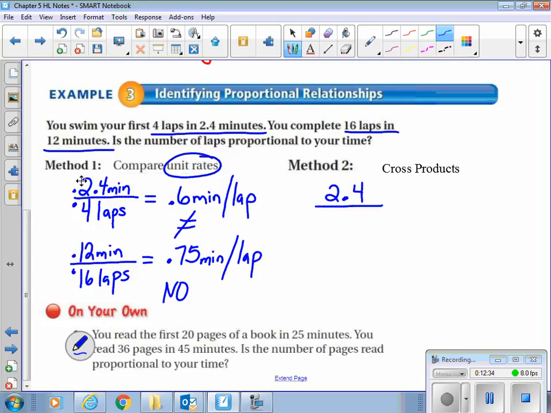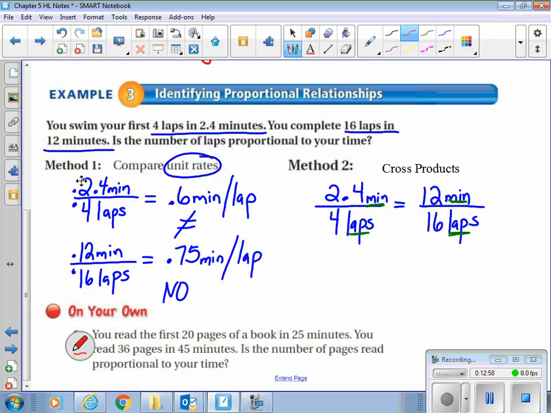So we're starting with 2 4/10 minutes, 4 laps. Is that equal to 12 minutes and 16 laps? So please notice that since I did minutes over laps, I must have minutes over laps. I can't switch them up.